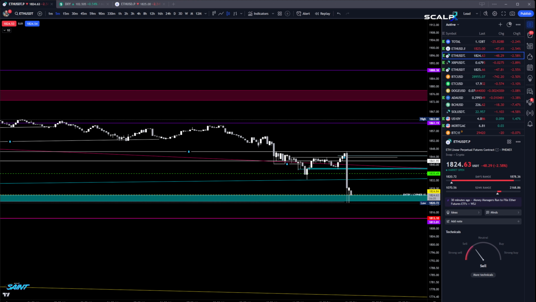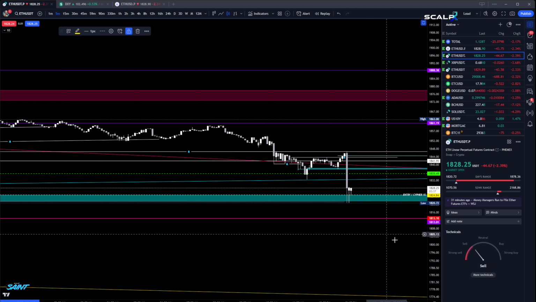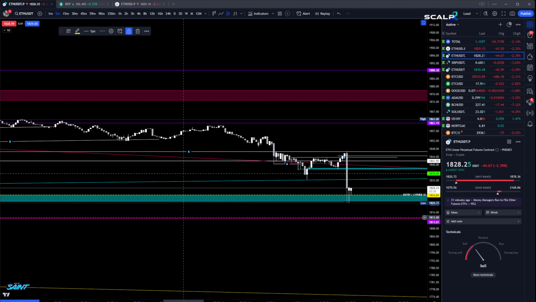Let's transfer something over from. What is this area here? Which is, I had 1824.84.